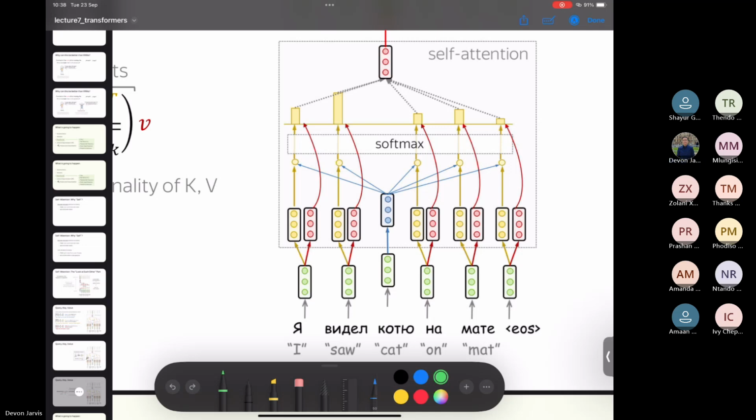And if I went A, B, C, D, E, which value vector is being used to update the embedding for cat based on the word saw? Should I say it again? What's that? Correct. There we go.